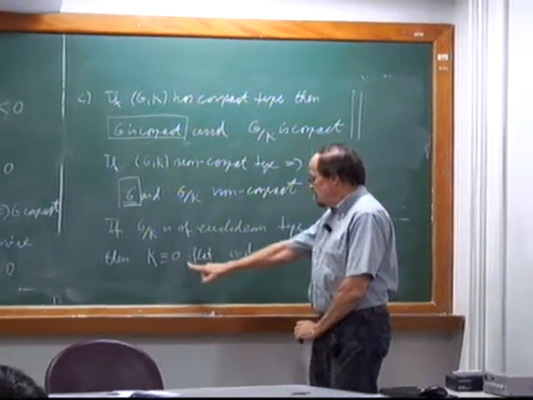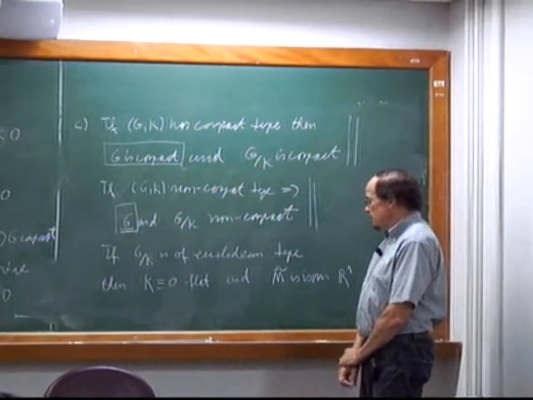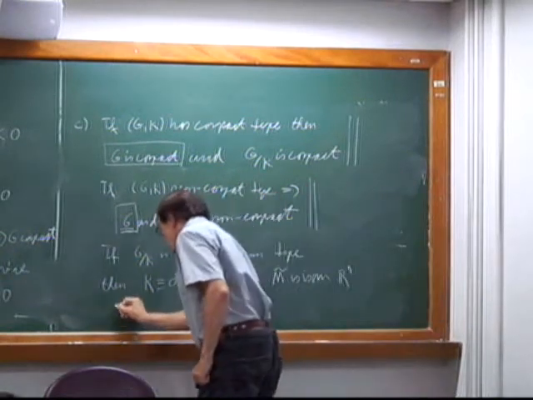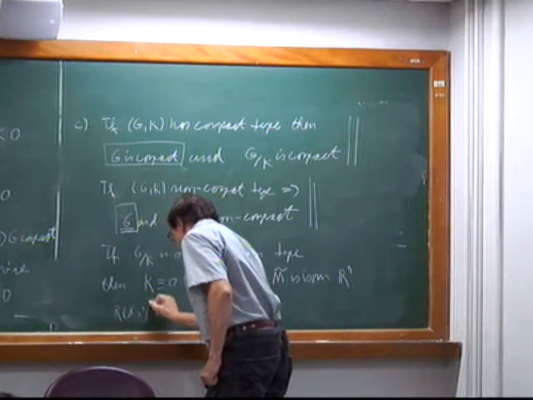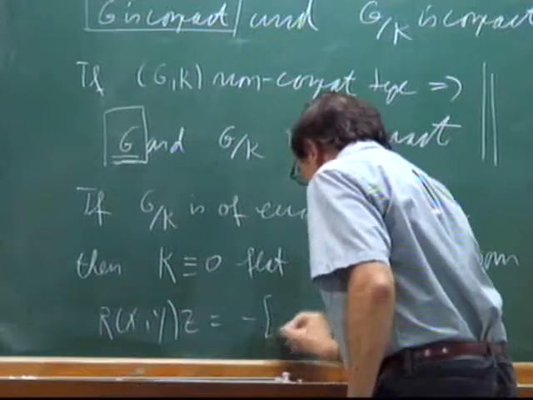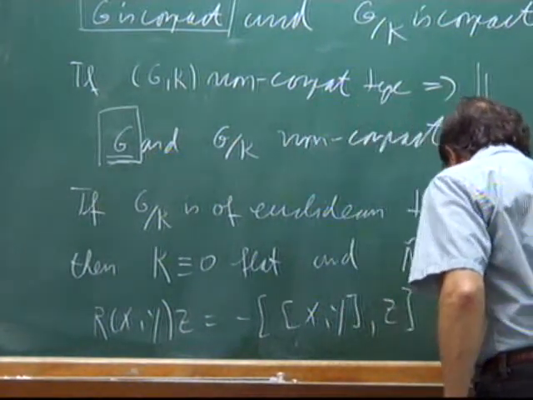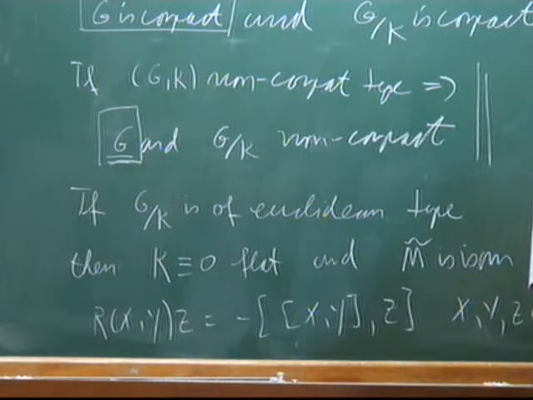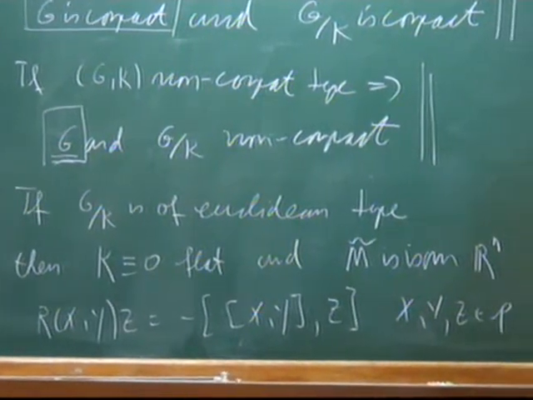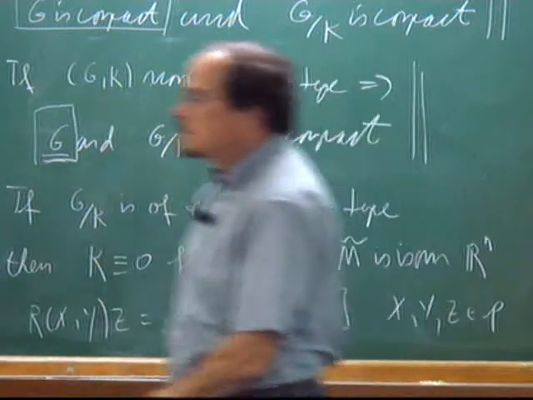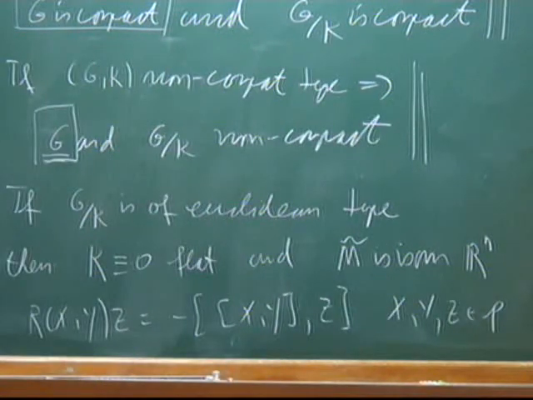Notice this statement here is clear from what we did earlier, because what did we say about the curvature? It is given by Lie brackets, for X, Y, and Z in P. So Euclidean type, let me come back to that.